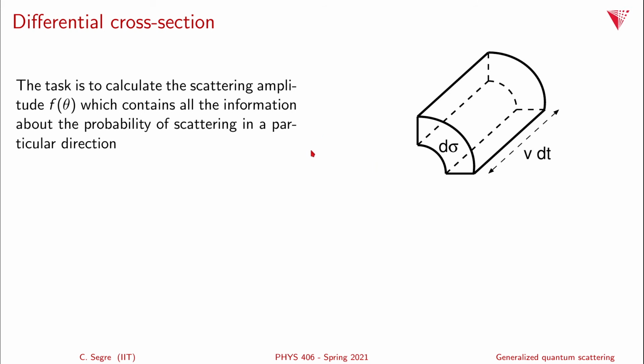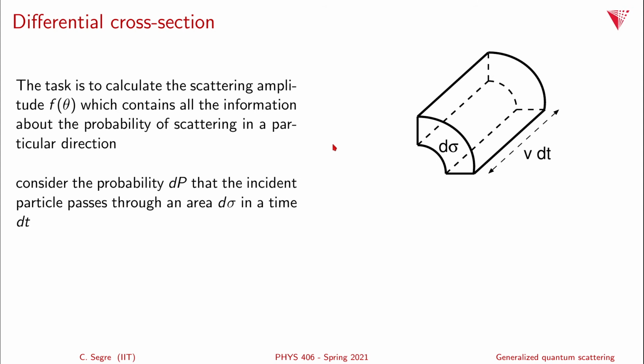So let's imagine that we have our area d sigma, and we want to look at the probability that the incident particle passes through an area d sigma in a time dt. So that particle is moving with a velocity v, and so in a time dt, it moves a distance v dt. So any particle that starts out in a volume like this, which is v dt long and d sigma in area, will pass through the area d sigma in a time dt.